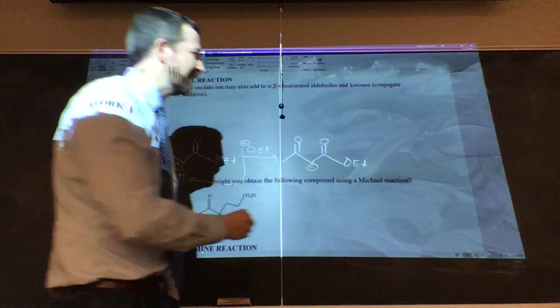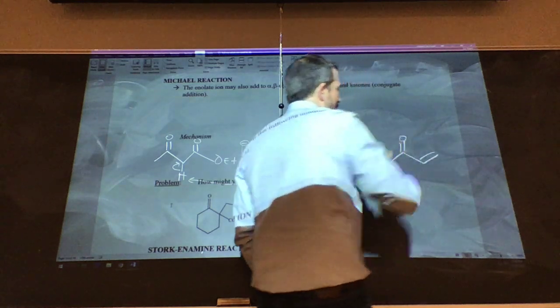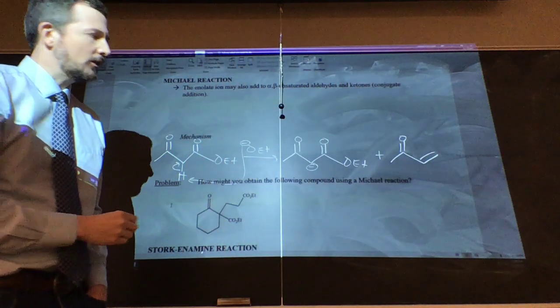And then I have my alpha beta unsaturated aldehyde or ketone.